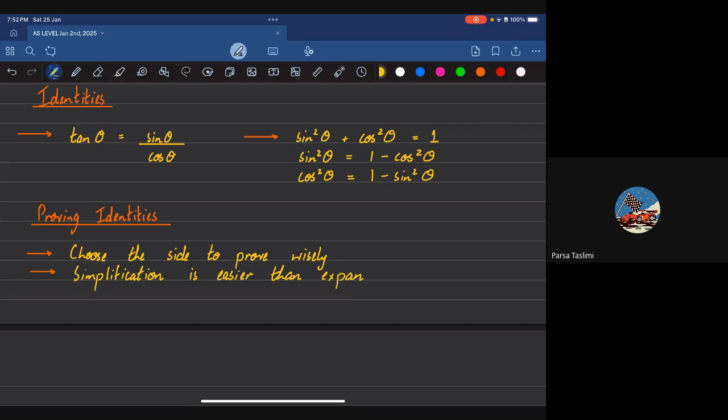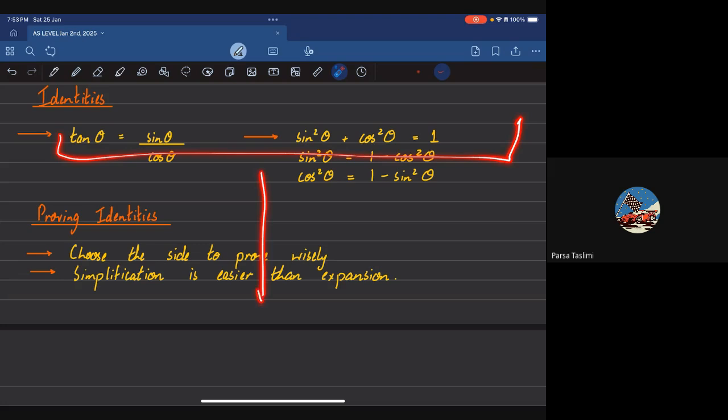You should choose the side which you think is easier for you, but just a slight hint that simplification is always easier than expansion. How do we know that? Imagine something is this big and you're trying to cut it down. That is easier. But imagine going back up to it. That is obviously harder.